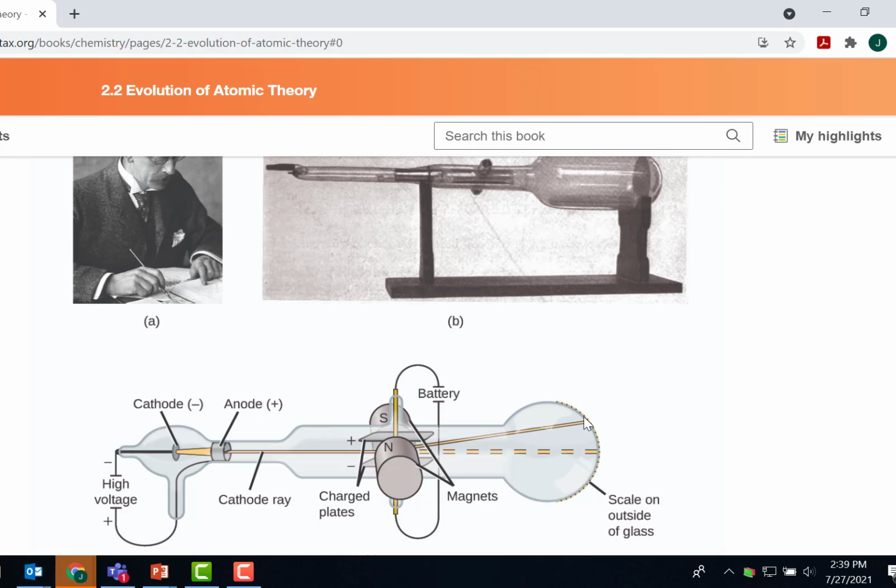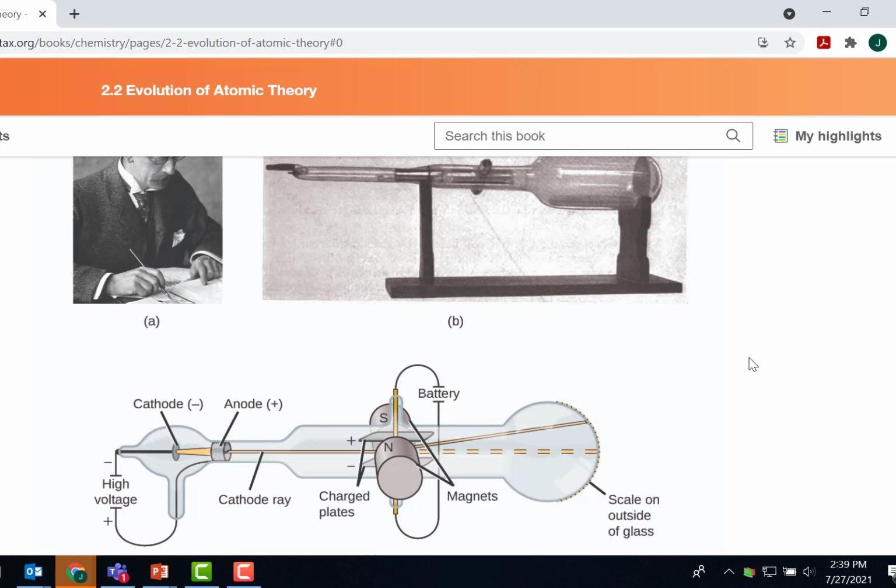So it looks like there's a form of matter there that they're able to bend. And what they saw is, regardless of what they put here, as long as they had a metal, they tried different metals, they got the same thing every time. And what that suggests is that there is something inside of that that's coming out of it.